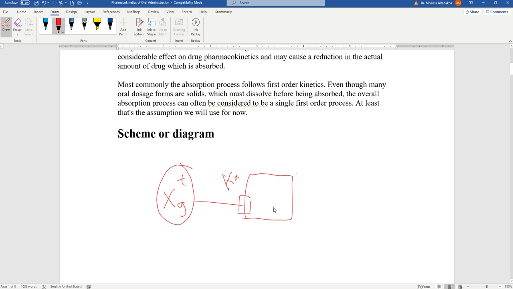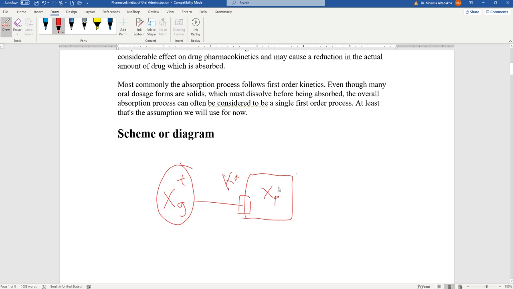Okay, this is the compartment, this is the one compartment that we have, and because here I'm talking about amount, I need to talk about amount. And I will consider this amount to be Xp. Xp is the amount of the drug in our system or in our body after being absorbed, also at time t.